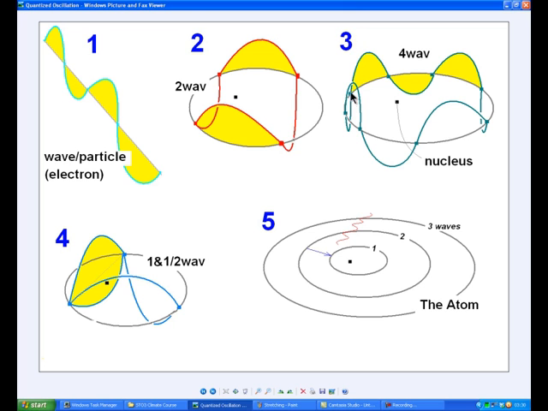So I've actually written 4 waves here, and I think we can probably count 4 waves. 1 wave, 2 waves, 3 waves, and 4 waves. So everything working out very well now. Let's go to diagram number 4, and here I've tried to draw 1.5 waves around this ring or this energy level. So let's count the 1.5 waves.